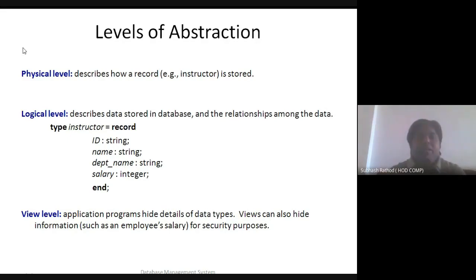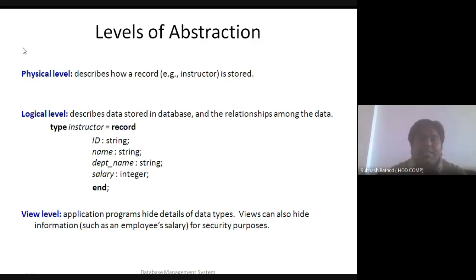If the employee changes, this data will change. So this is a structure at the logical level. There is a certain logic associated. If there are two employees in a particular organization, they are associated by certain logic.